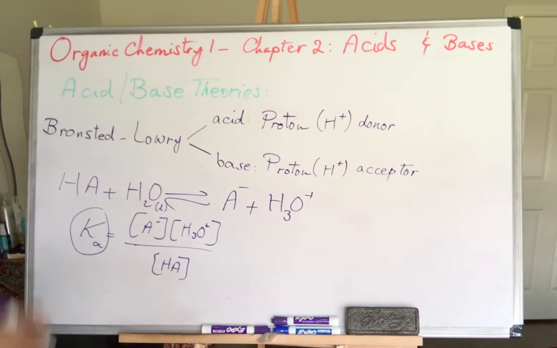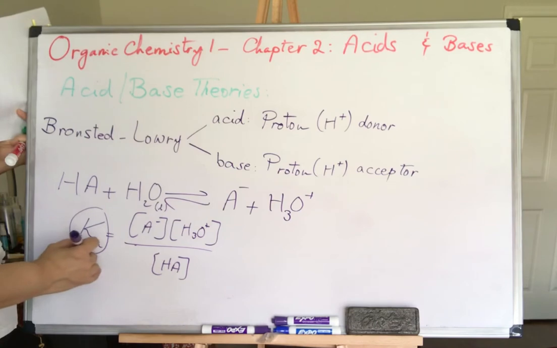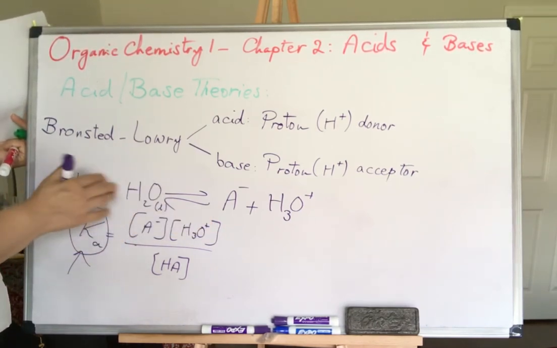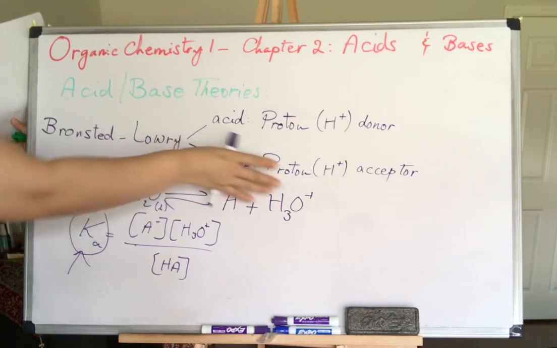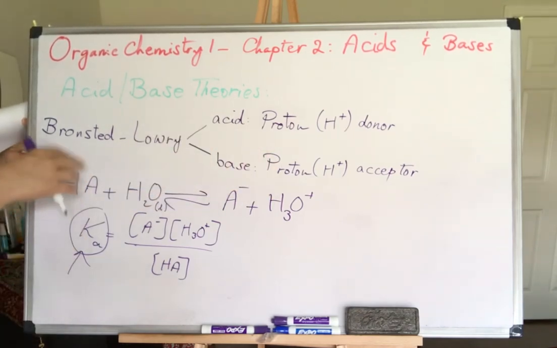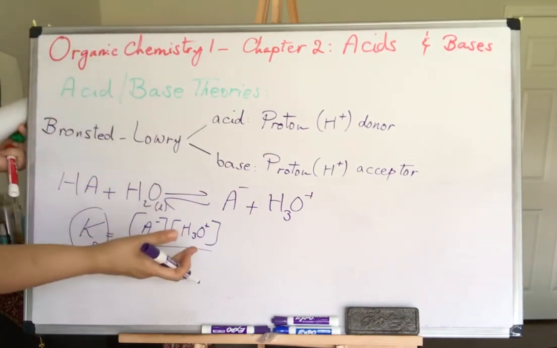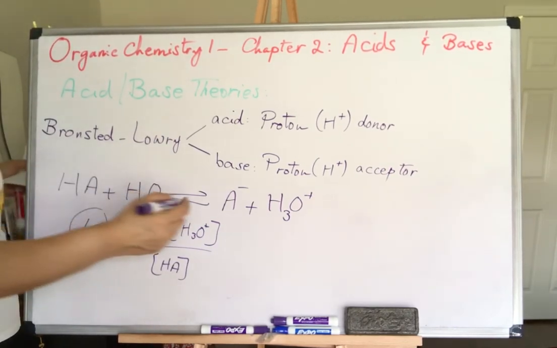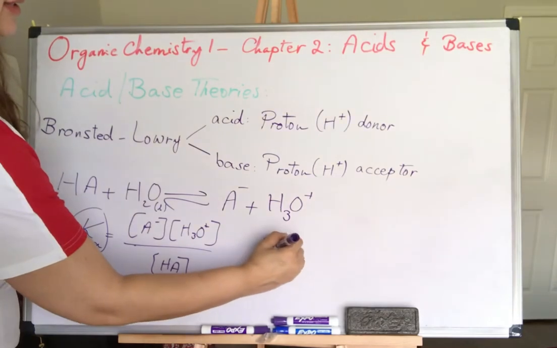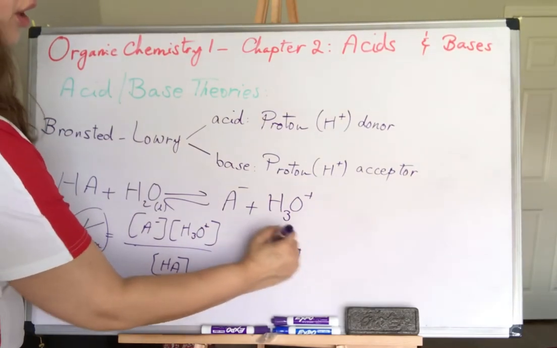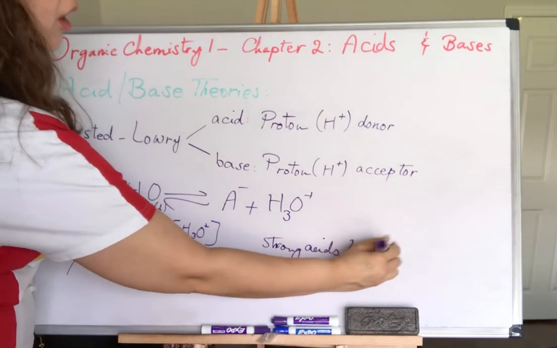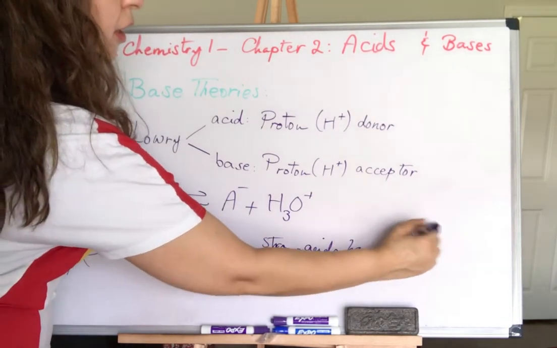Okay, so based on Ka, if we are given the Ka values and we want to determine the acidic strength, the higher Ka means the top of the fraction is higher, means the acid has produced more products. Producing more products means more dissociation, means the acid is stronger. So, strong acids have high Ka.